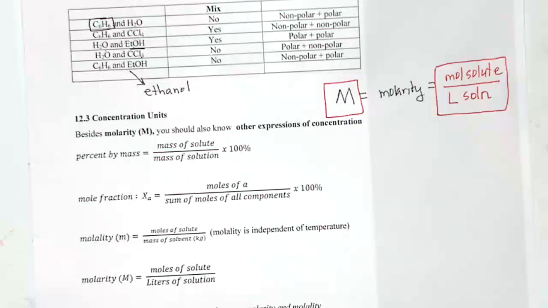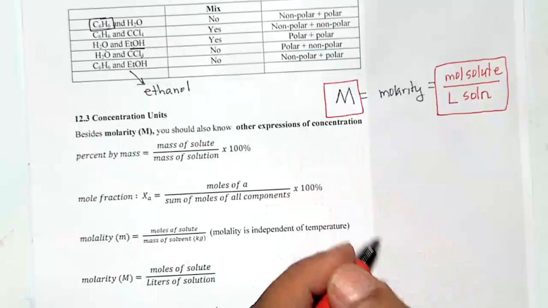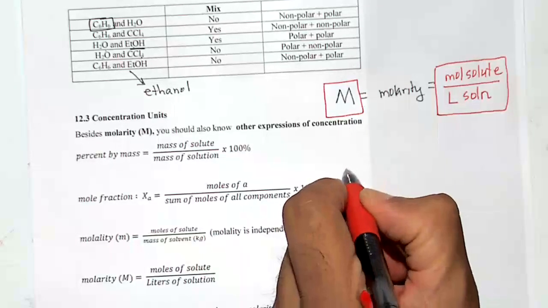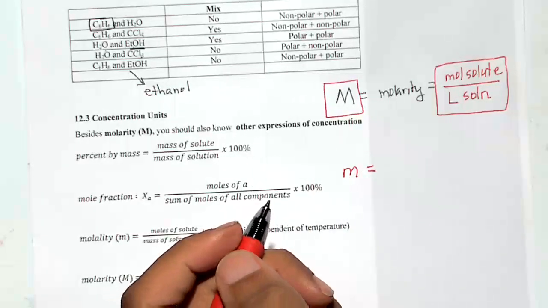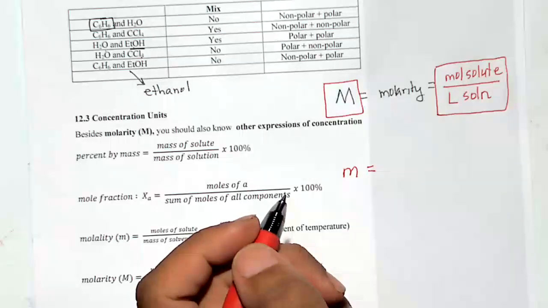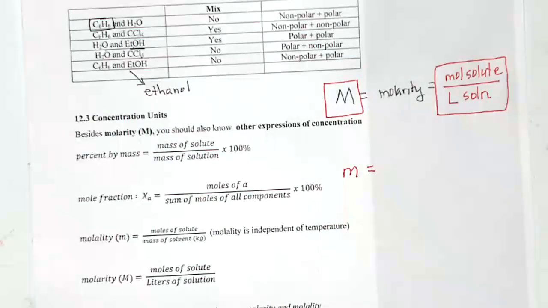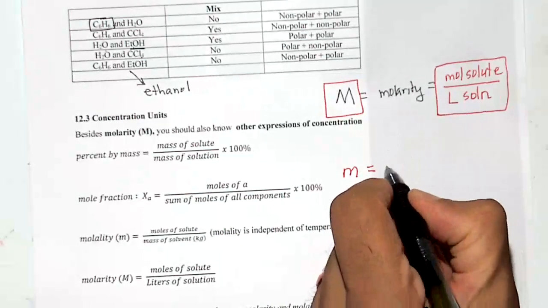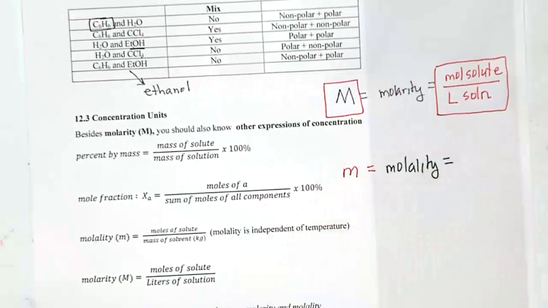Are we okay with this? All right, that is big M, capital M. There's something called lowercase m. This is not molarity. This is where the trickiness comes in. This is called molality. This is something totally new for us in Chem 2. Molality is not big M because that's molarity.